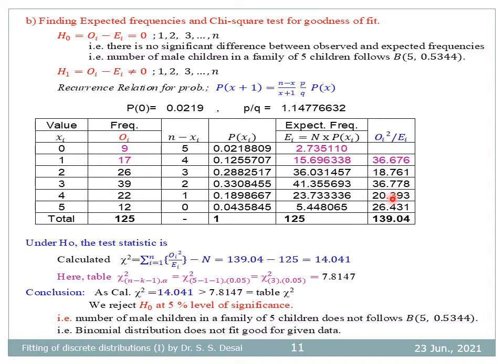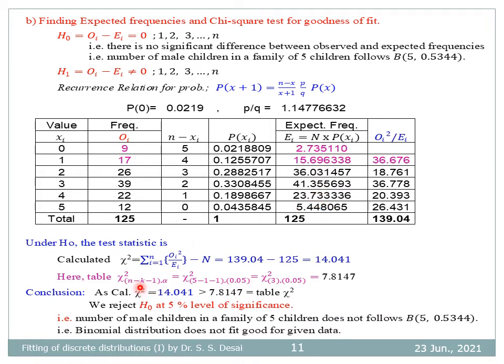These are the ratios, and the sum of these ratios is 139.04. And under H naught, the test statistic chi-square, using these values, is 14.041. And for the table chi-square, there are in all 5 frequencies after pooling.